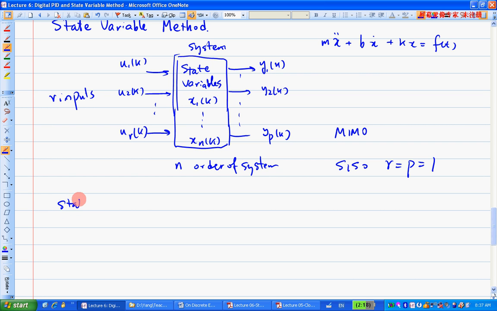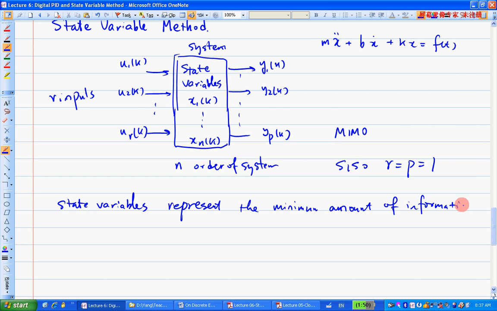So the state variables, we said it's infinite, but you cannot pick them arbitrarily. You have to pick your state variables such that they represent the so-called minimum amount of information to describe the system.